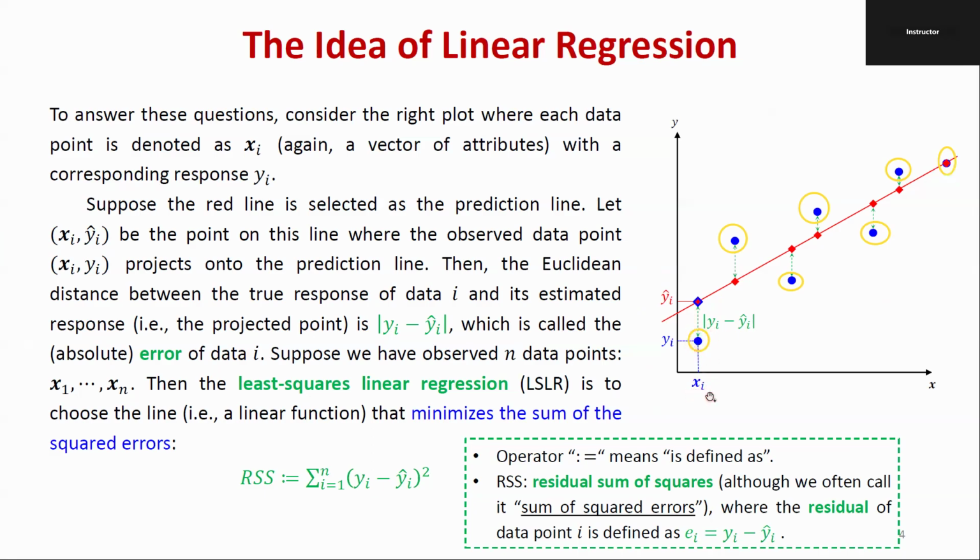So its coordinate is xi and yi, where yi is the response and xi is the attributes of data point i. Okay, I project this one onto this predicted line, and I get a corresponding point, which is here. Let me use, let's say, green color.